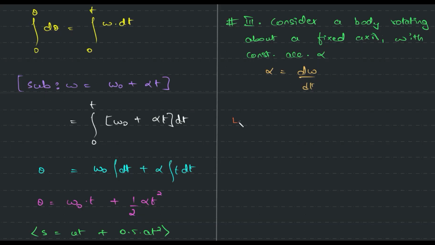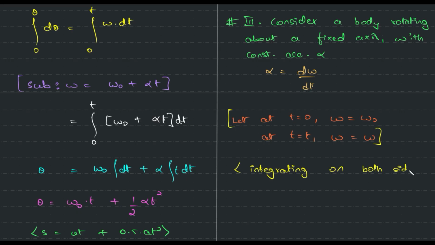Now, let at t equal to 0, omega be equal to omega naught. At t equal to t, omega be equal to omega. So now we are going to integrate on both sides. We have the integral from omega naught to omega of d omega is equal to alpha times the integral from 0 to t.